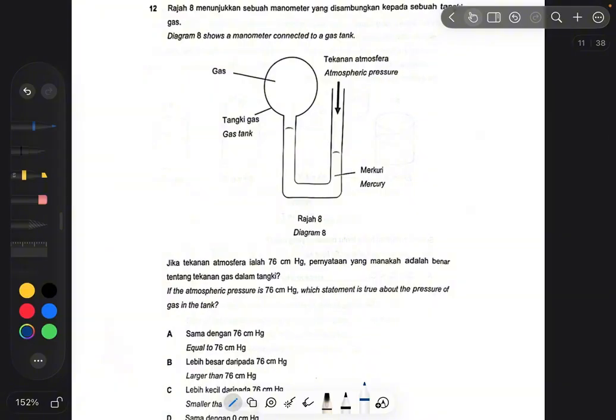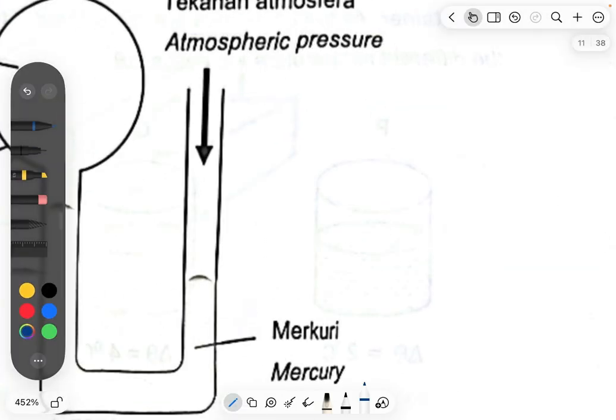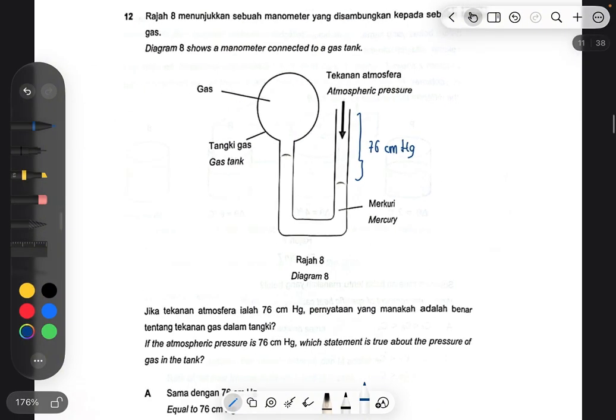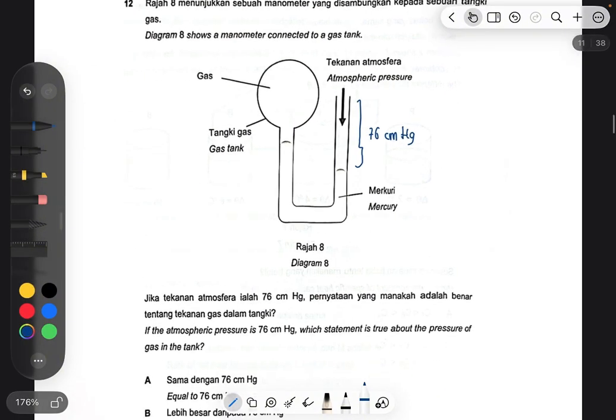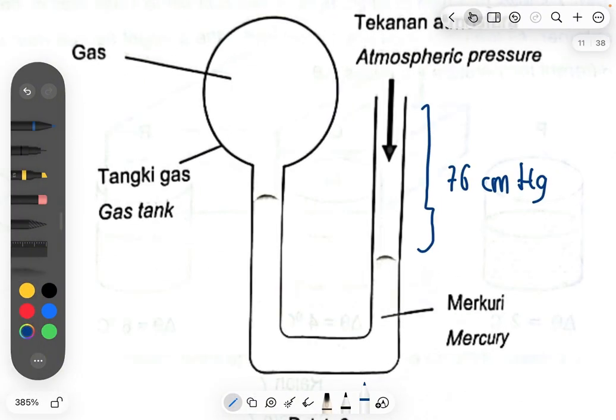Next. Shows a manometer connected to a gas tank. If the atmospheric pressure is 76 cm Hg, so from here to here is 76 cm Hg. Which statement is true about the pressure in the gas tank? So this is definitely lower, because this is like pushing more compared to this.